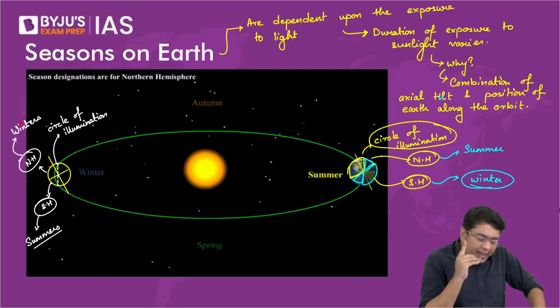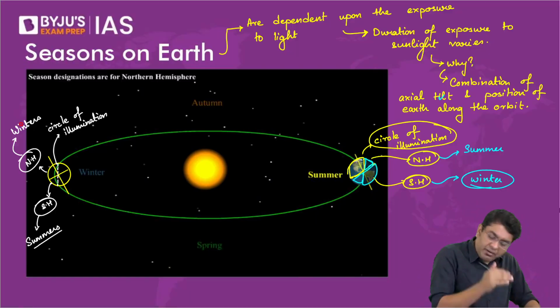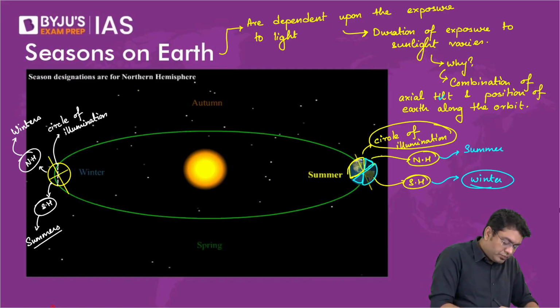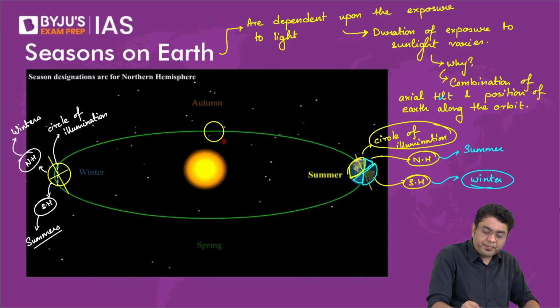Now, think about a particular position. I will give you the write-up of all of these, don't worry. Now, think about another position. Think about the position here. Now, the tilt that you had, the tilt is going to remain consistent.